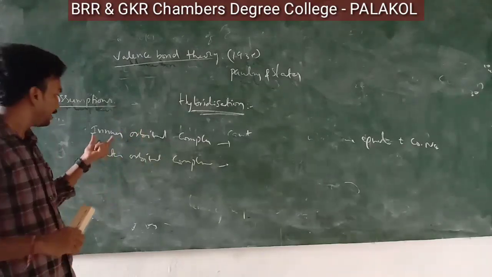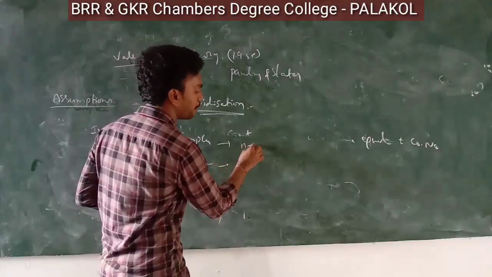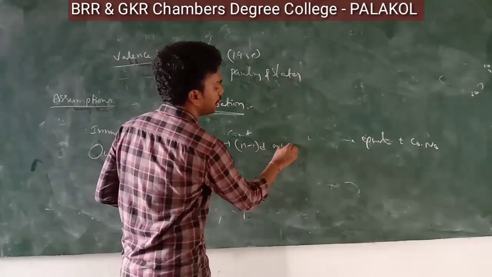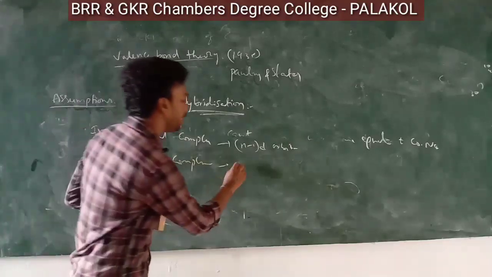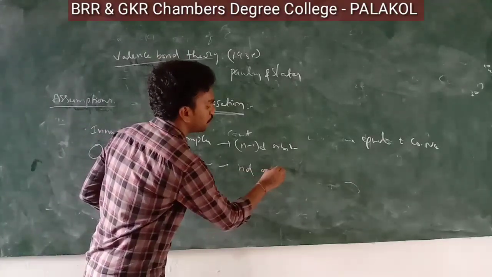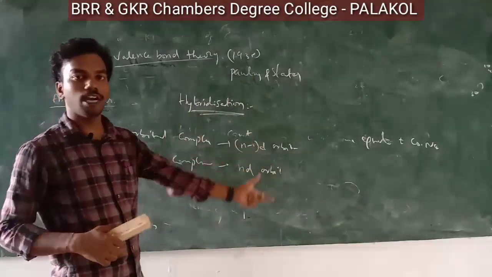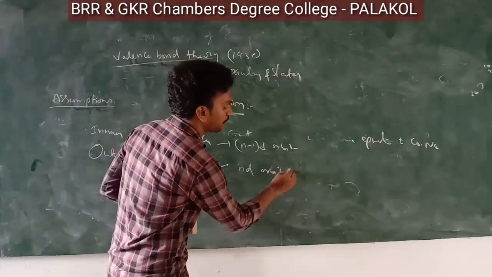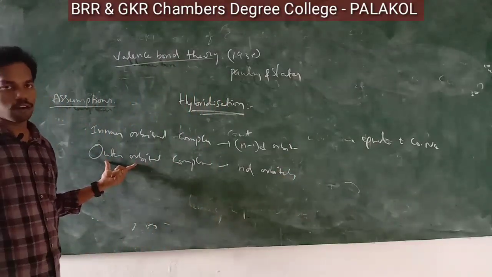The name itself indicates that in the hybridization, inner d orbitals are involved. That means (n-1)d orbitals are involved in the hybridization, so those are inner orbital complexes. And when nd orbitals are involved, that means outer d orbitals, those complexes are outer orbital complexes.